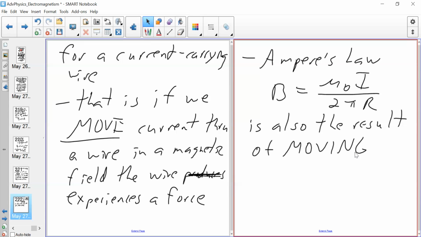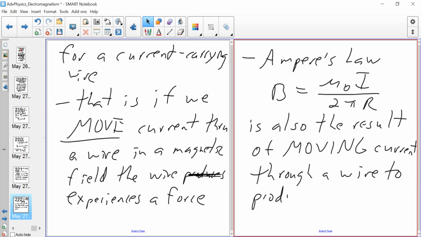Mr. Faraday, as we're going to see, uses intuition to wonder, what if I change, or what if I move a magnetic field? Can I get a current? It's kind of vice versa. So we will get there. So this is also the result of moving current through a wire to produce a magnetic field.